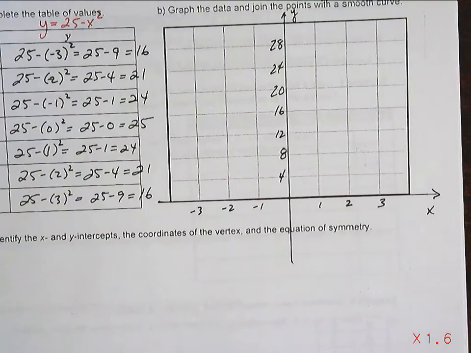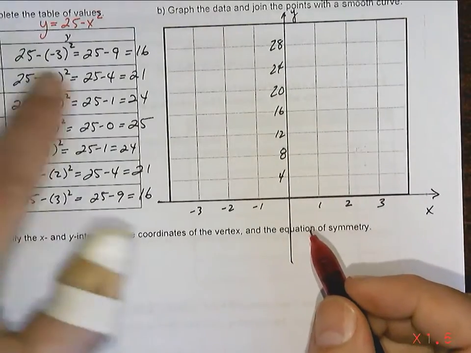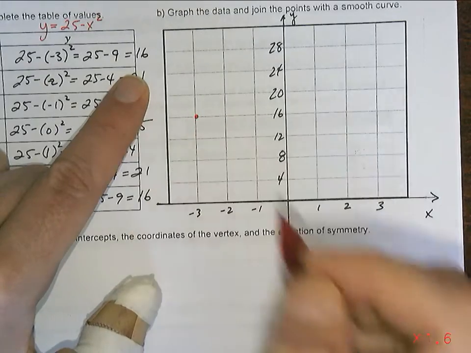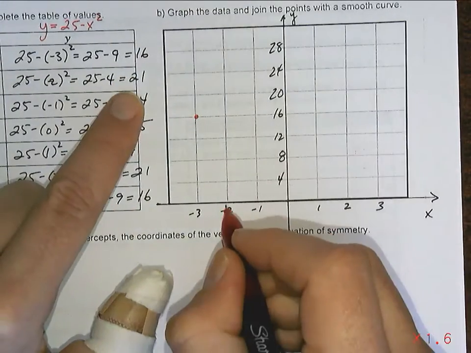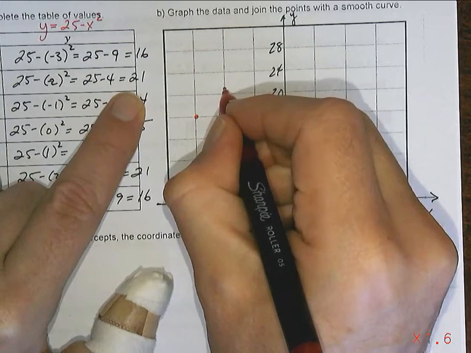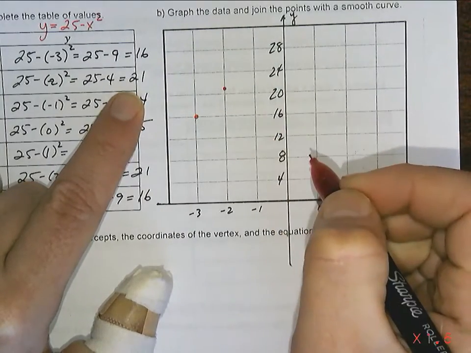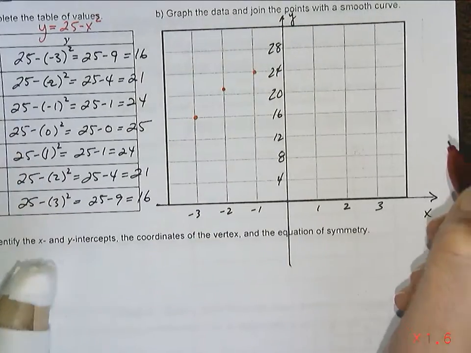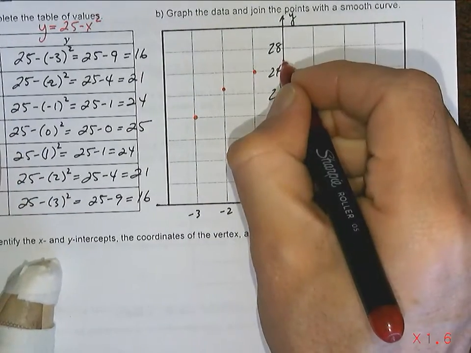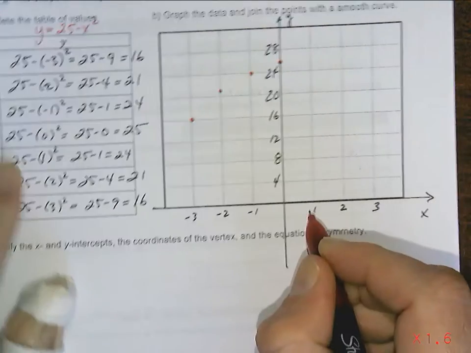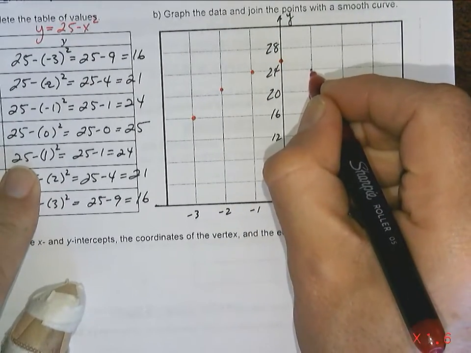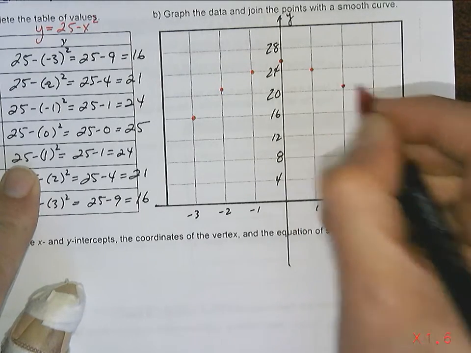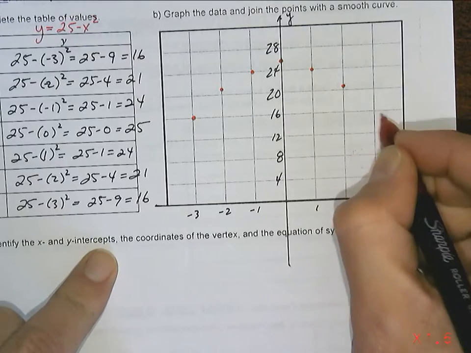Let's plot our points as best we can. Negative 3, 16; negative 2, 21, so it's a little bit above the 20; negative 1, 24; 0, 25; 1, 24; 2, 21; and 3, 16 again.